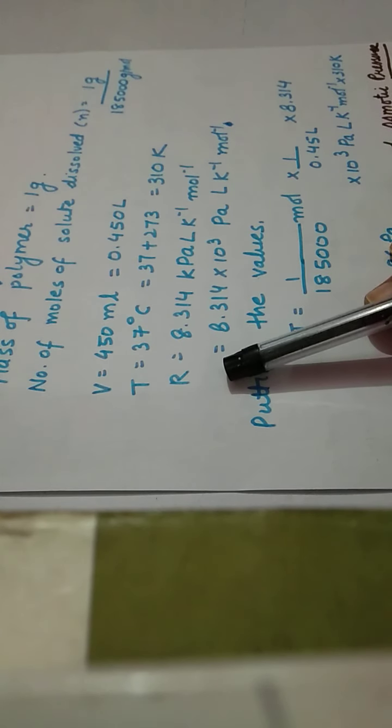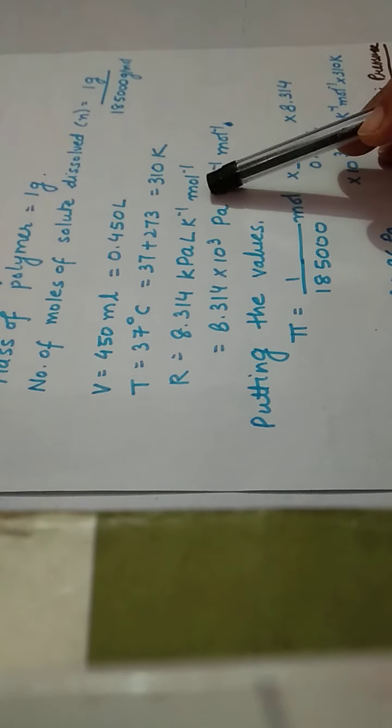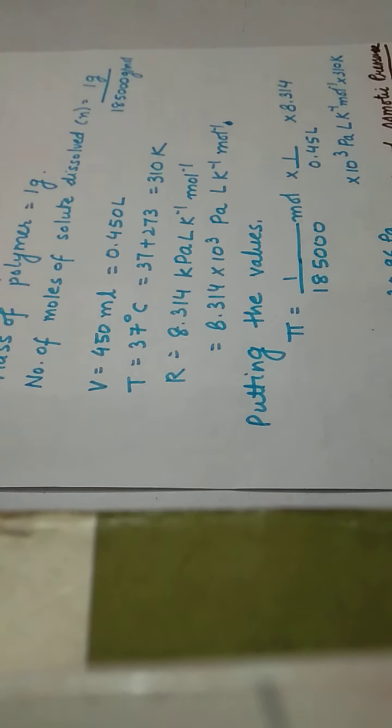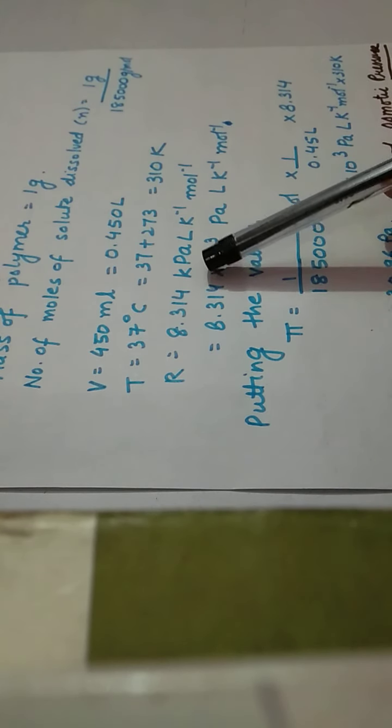Now value of R. It is 8.314 kPa L K inverse mole inverse. So children, here you need this value in pascals, not in kPa. So you will multiply this with 10 to the power 3. So you will convert kPa into Pa. So 8.314 into 10 to the power 3 Pa L K inverse mole inverse.